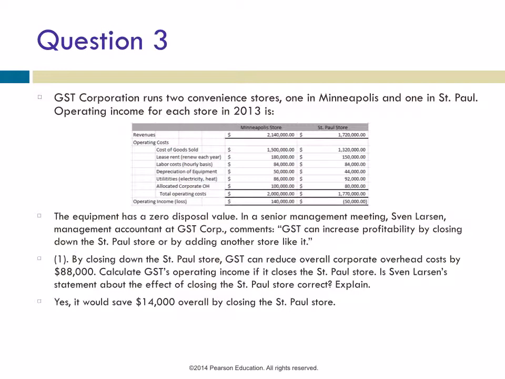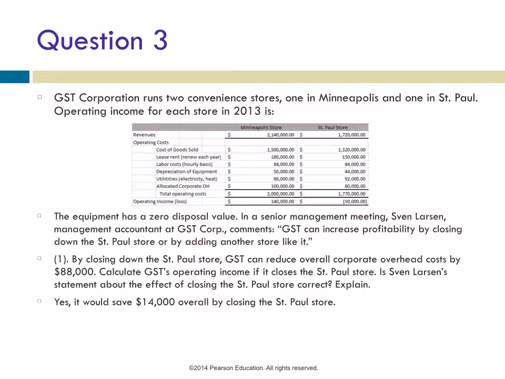So we can't add that back in. Just skip the 44,000. Add back in the 92,000 of utilities, and instead of that $80,000, you're going to add back in 88,000 because that's the actual amount we've calculated that we'll save in corporate overhead costs. When you total those out, you come up with $14,000 of savings by closing the St. Paul store.